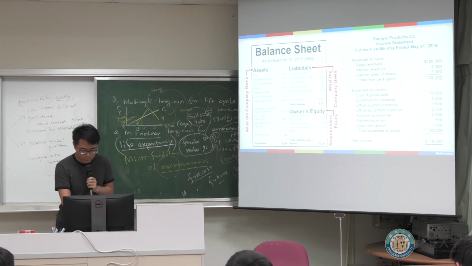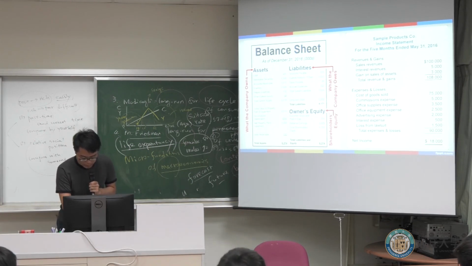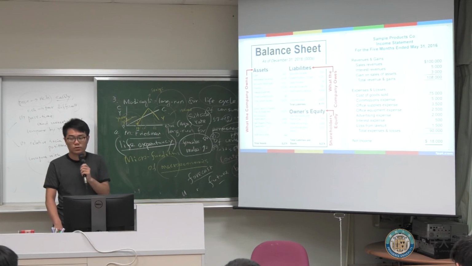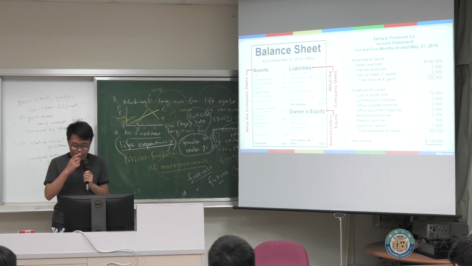And the liabilities are obligations of the company. These include loans payable, accounts payable, warranty obligations, taxes payable, and so on. There are also two ways to tell what is a liability. One is that in the future it will incur expenses for the company, and we can say it is a liability.